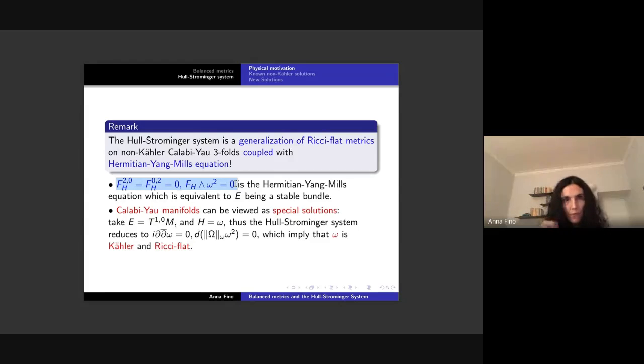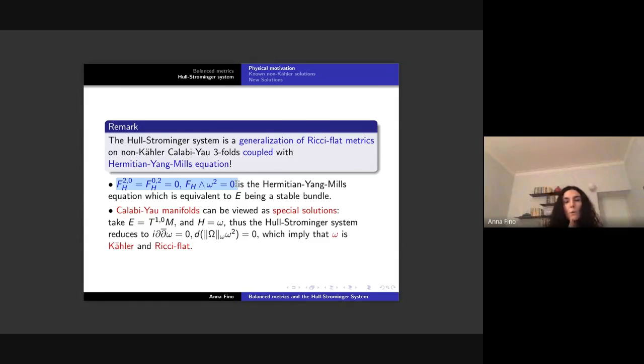Because it is coupled with the Hermitian Yang-Mills equation, as we saw before, a Calabi-Yau manifold can be viewed as a special solution. So you just take E equal to T^{1,0}M, and then you take H equal to omega.